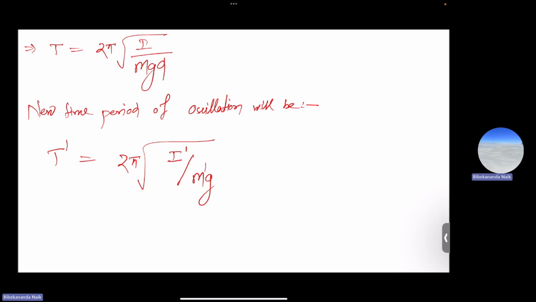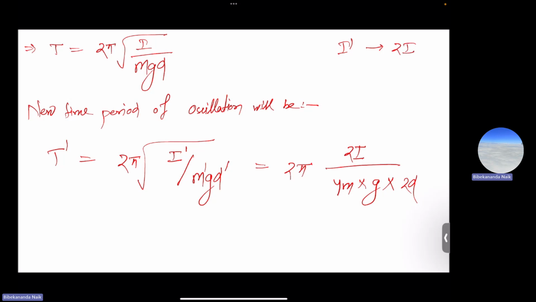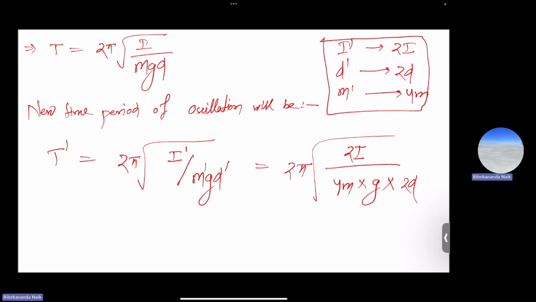So it will be 2 pi root over 2I divided by 4m into g into 2d. So I prime is 2I, d prime is 2d, and m prime is 4m. This is the condition given in the question. If you solve it, then we find 2 pi.